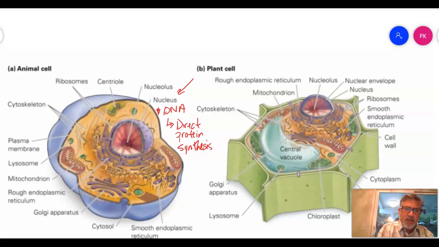But you'll also notice that the nucleus has these little holes in it, right? So those are pores. And those pores let molecules through.